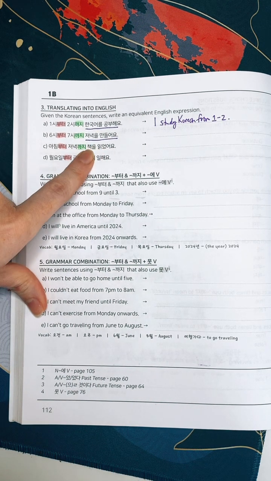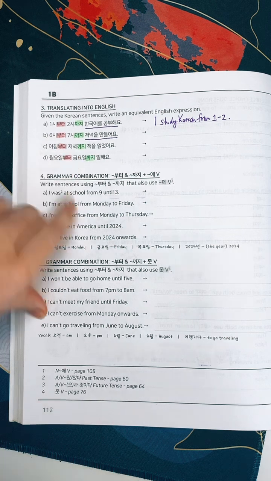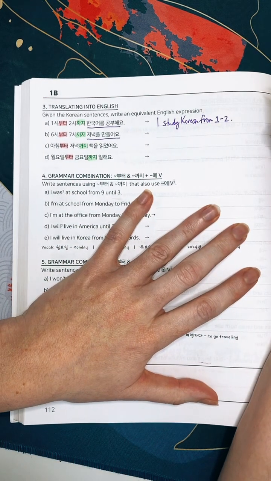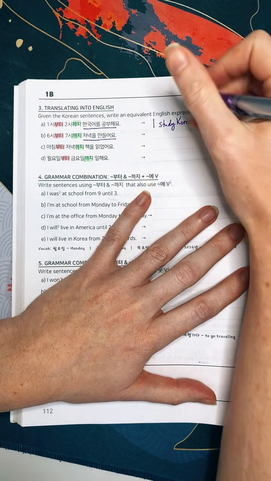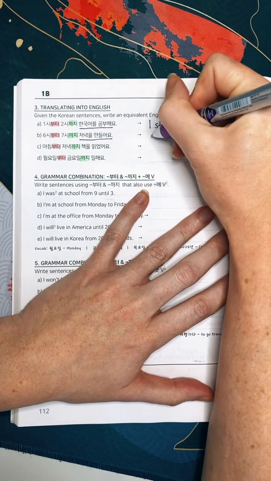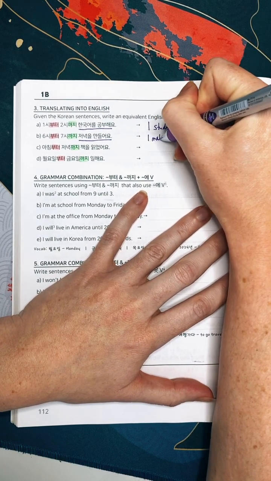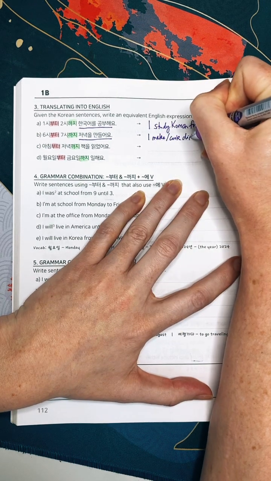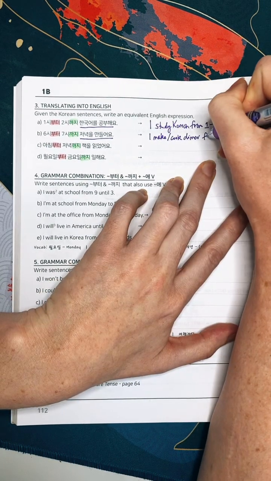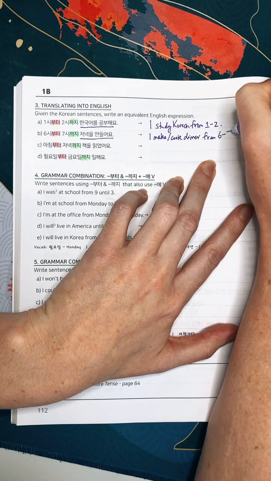I make dinner from 6 to 7. Well, you could say I cook dinner. That making of the dinner can involve cooking as well, right? There's a couple of different ways you could translate that. So I make, you could even say I prepare, I make or cook dinner from 6 to 7.